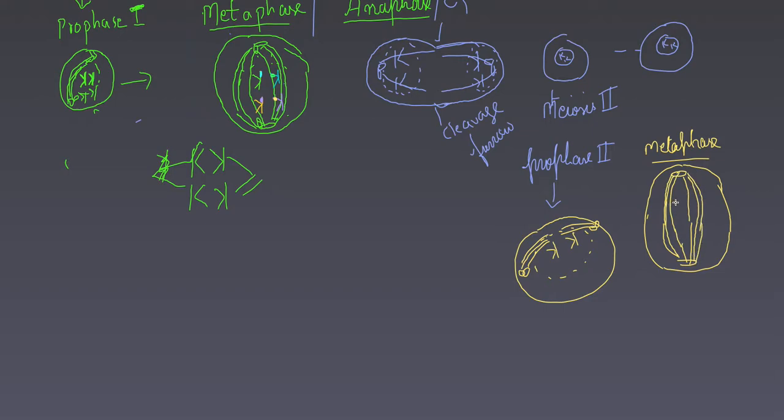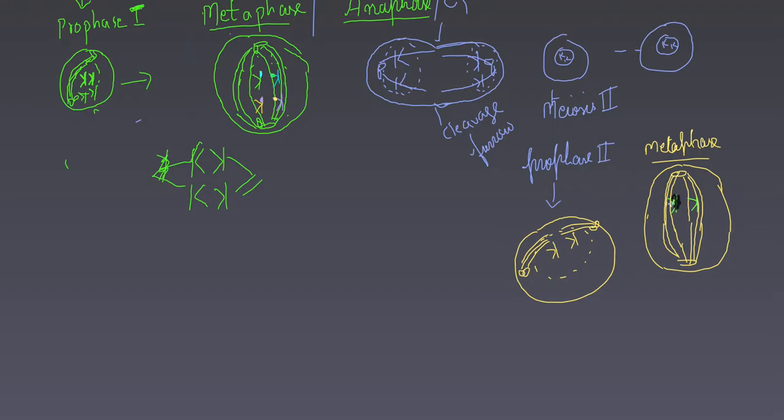So now these chromosomes right here, let me draw it in another color, this yellow. So now these chromosomes align.